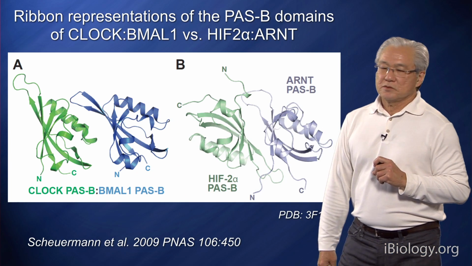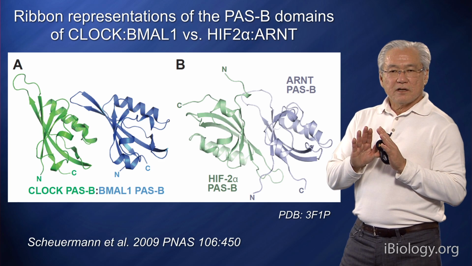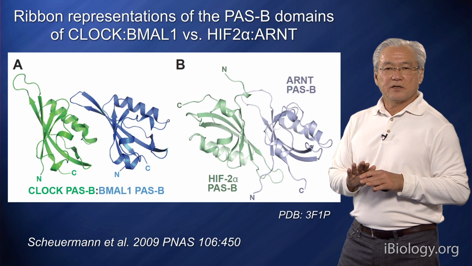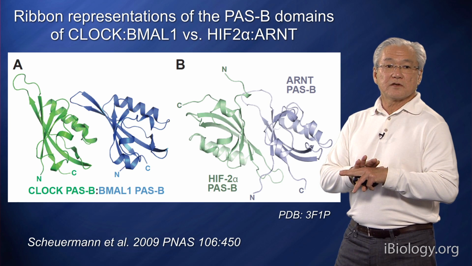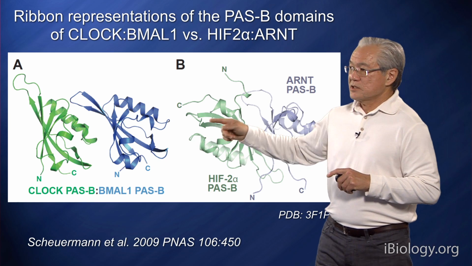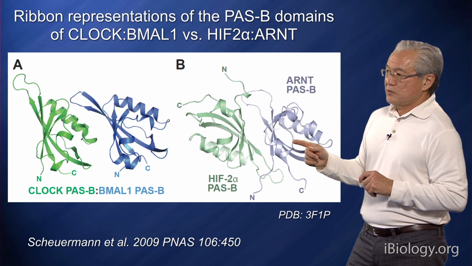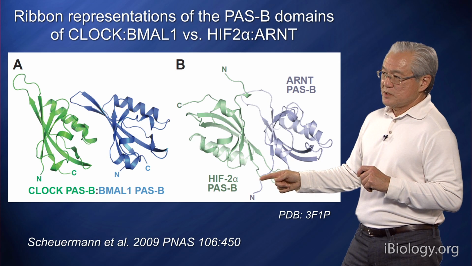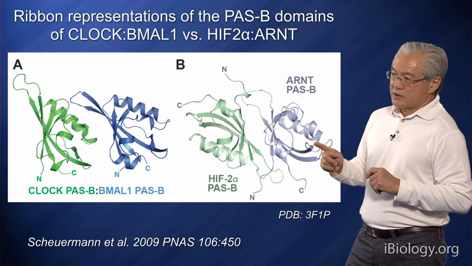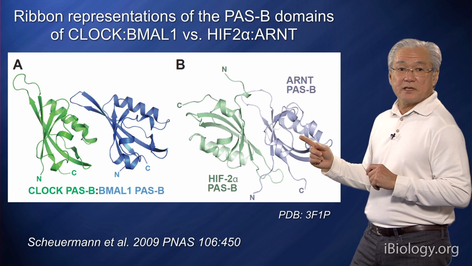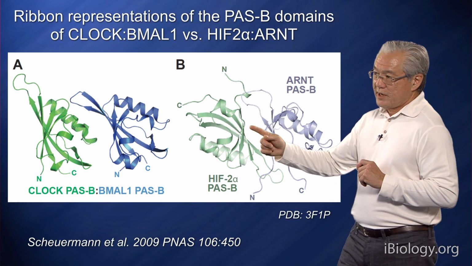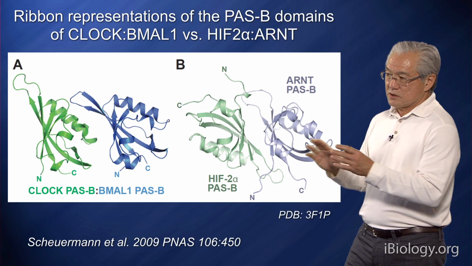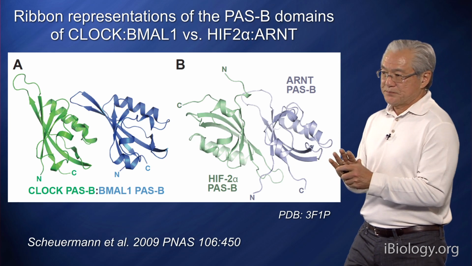This is a little unusual because traditionally all other PAS-PAS domain interactions typically involve the beta sheet surfaces of those two subunits. As you can see in this example here for the HIF2 alpha PAS-B interacting with the ARNT PAS-B domain, where the beta sheet surfaces of the two proteins are really the interaction interfaces.